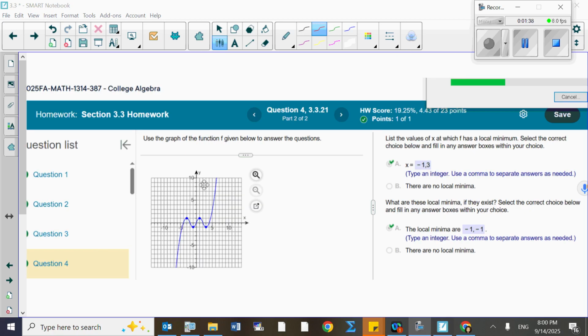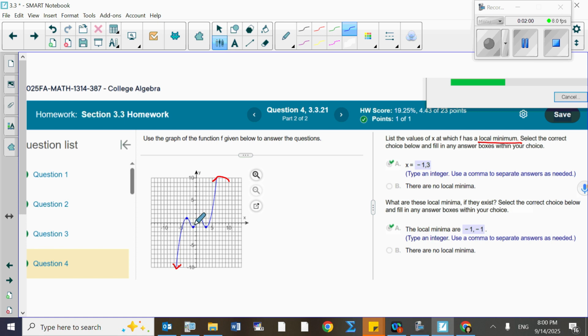Question number 4, we're using this graph to find the local minimum of the function. As you see, this function continues forever on the left and right side, so those end points cannot be counted as maximum or minimum points.